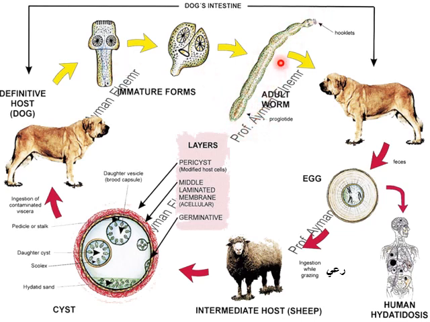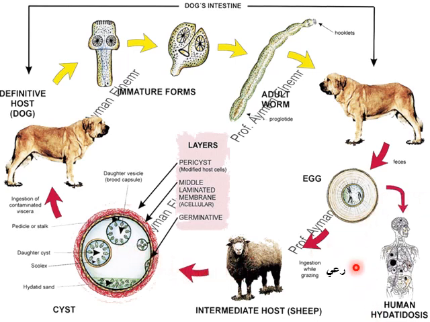As I said before, the last segments contain many eggs, and these eggs come out with the feces of the dog and contaminate the grass and vegetables. When the sheep eat them, they get infected by release of the hexacanth embryo from the egg, and these are transferred to the portal circulation and other sites.